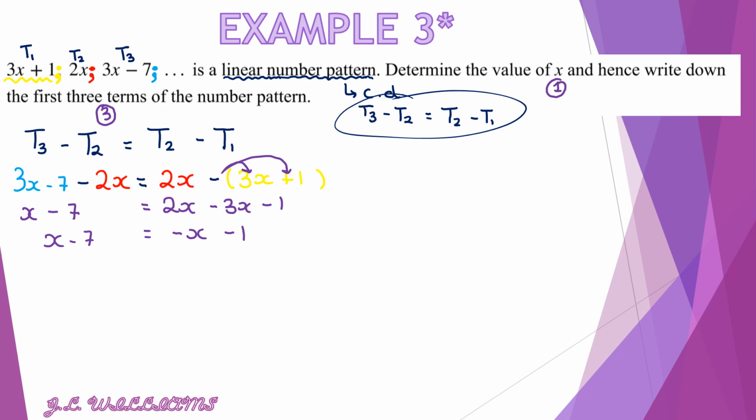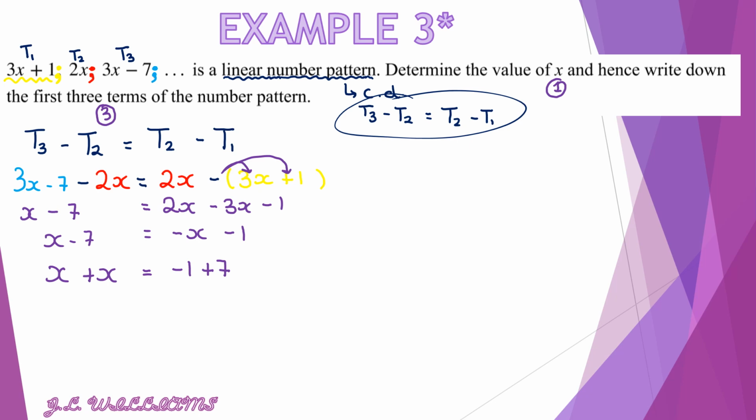And so we will now simplify this by, in quotation marks, moving the minus x to the left and moving the minus 7 to the right, and so we get x plus x is equal to minus 1 plus 7.